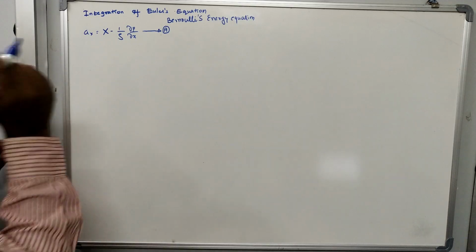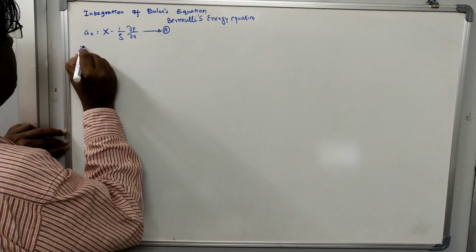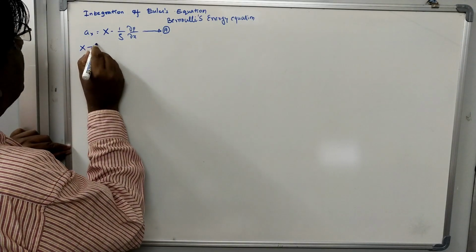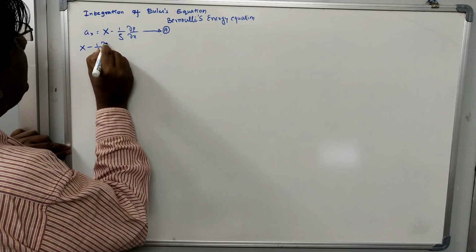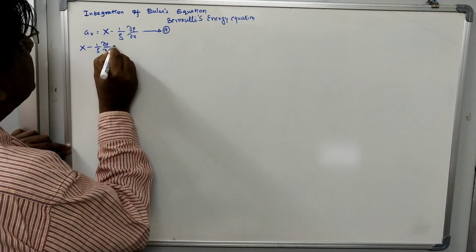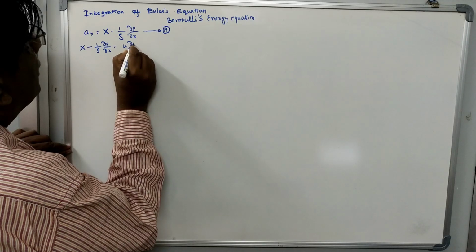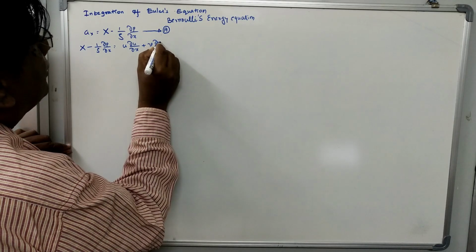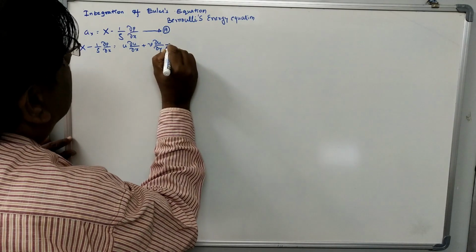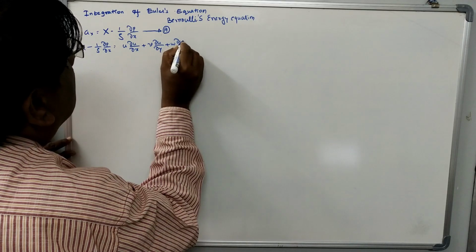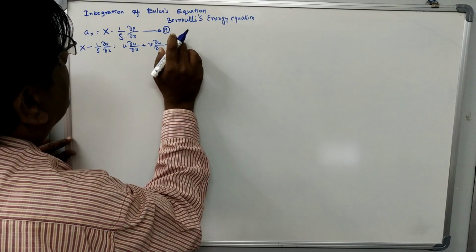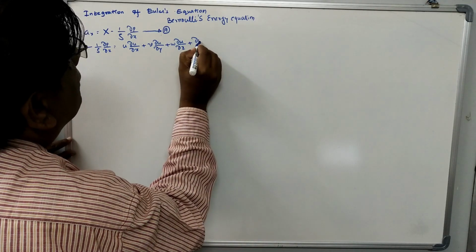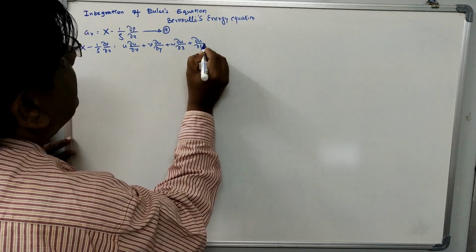Now equation A can also be written in terms of velocity: X minus 1 by rho ∂p by ∂x is equal to u ∂u by ∂x plus v ∂u by ∂y plus w ∂u by ∂z, plus ∂u by ∂t.